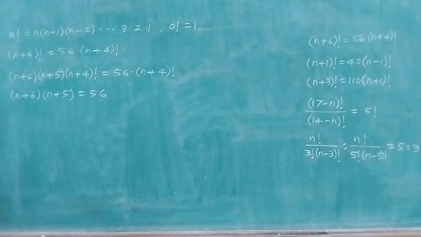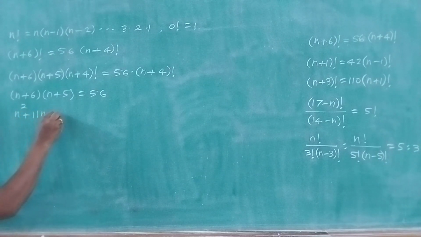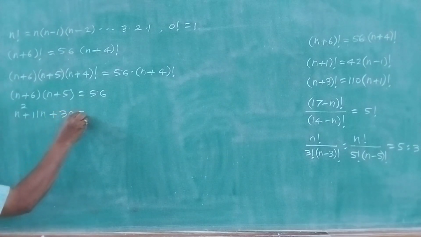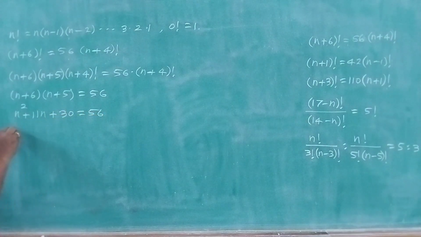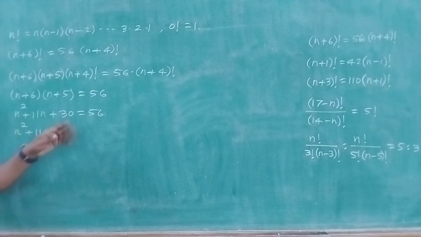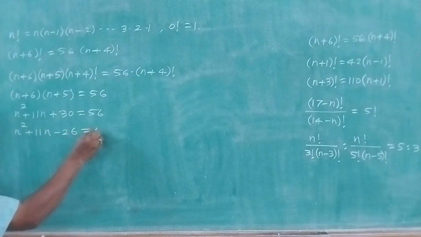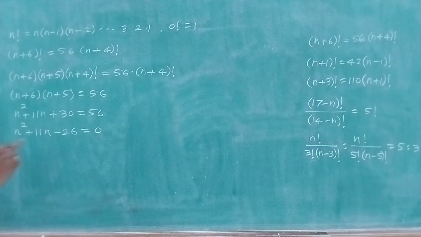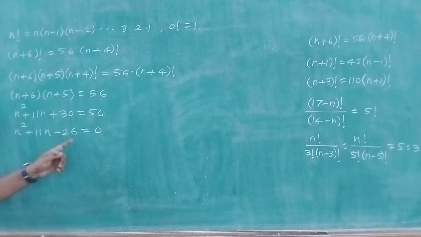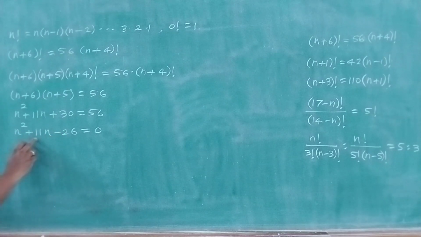This will give you the next line as n square plus 11n plus 30 is equal to 56, which means n square plus 11n plus 30 minus 56, it comes out to be n square plus 11n minus 26 equal to 0. This 26 will be factorized in such a way that product will be equal to minus 26 and the sum equal to 11.